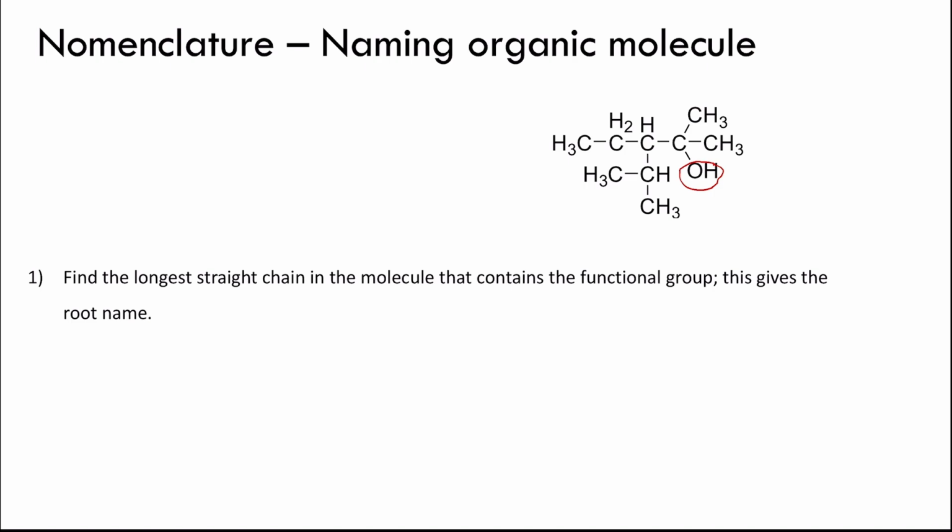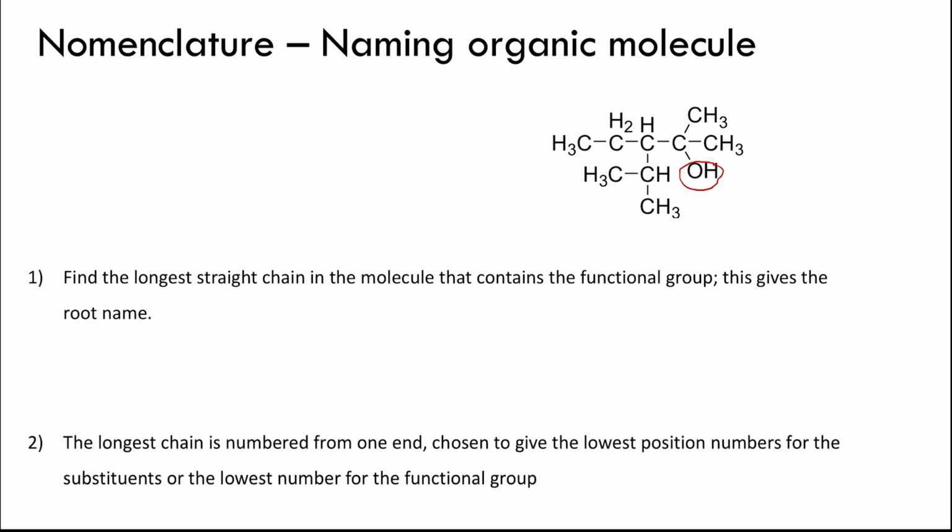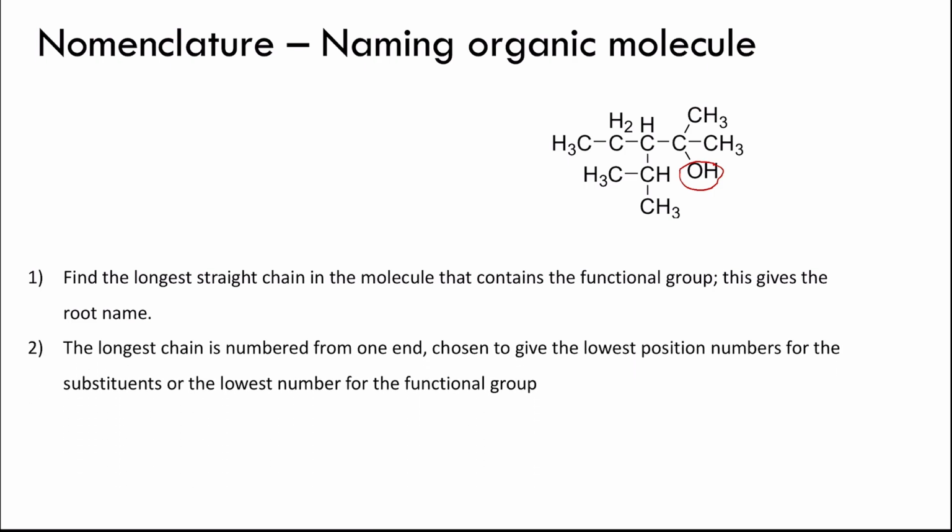And when we do that, we need to include the functional group in the longest possible chain. In this case, we have an OH, so our longest chain must contain the OH. And when we number the longest chain, we also need to give the functional group the lowest possible number.